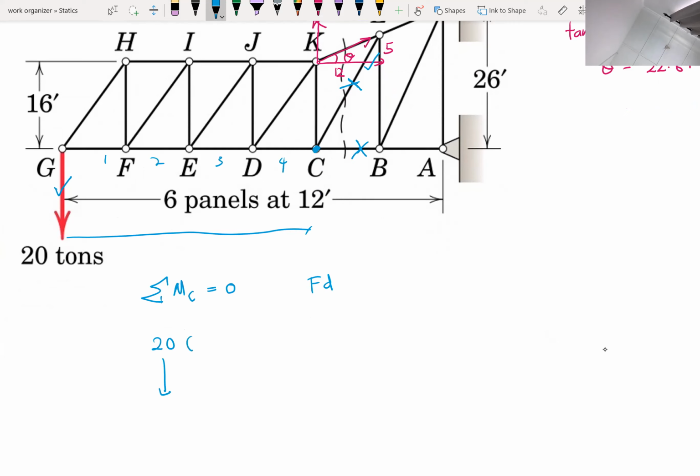So 4 multiplied by 12, in this direction.